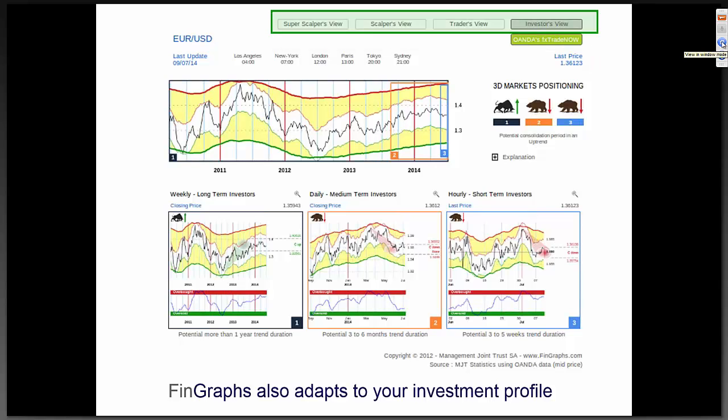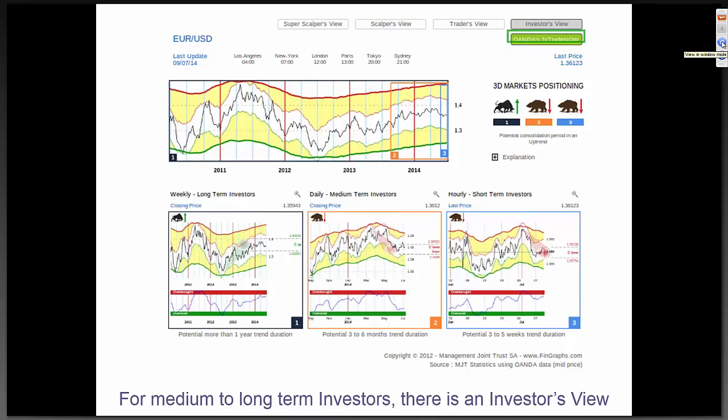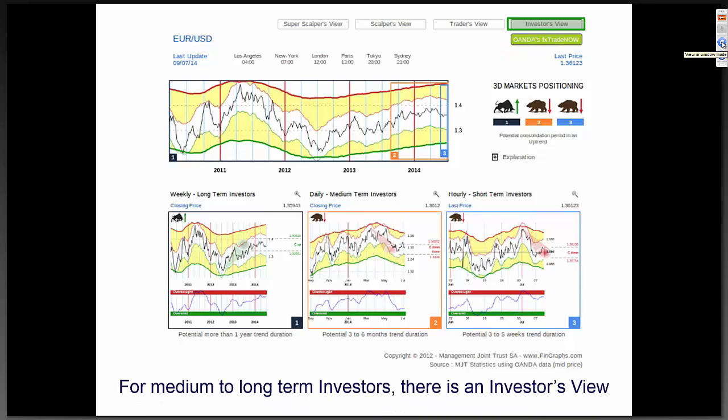It makes no sense to present a very long-term chart next to a very short-term chart. For example, a weekly chart next to a 5-second chart. So at FinGraphs, we have tailored a set of combinations which adapt to your different investment profiles. For medium to long-term investors, there's an investor's view.